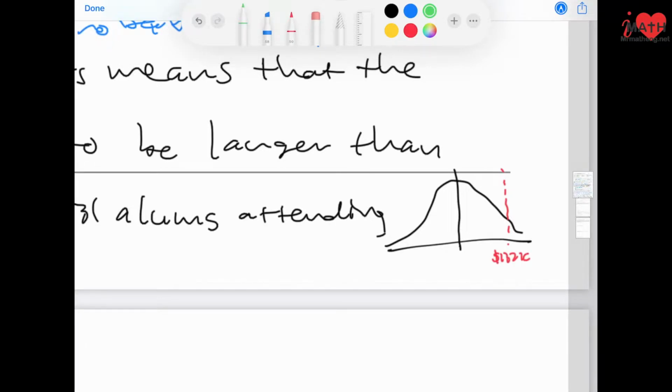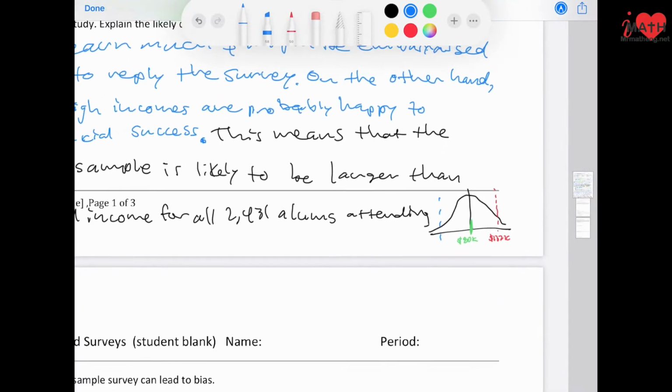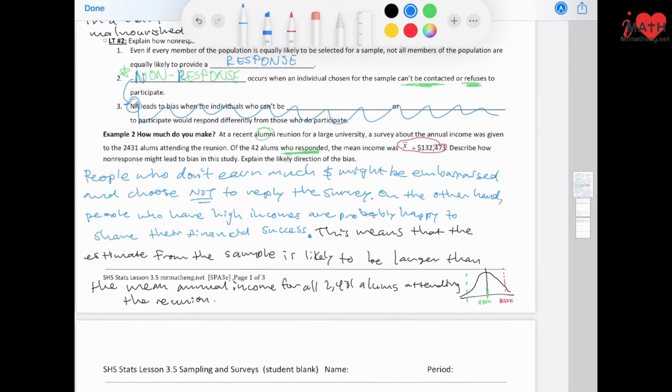I think the real mean is somewhere down here, maybe 80,000. Because the people who are responding, in red, are kind of bragging, oh yeah, I make a lot of money now. And the people who don't make a lot of money, towards the blue line, of course, they're not going to share anything because they feel kind of embarrassed. So the number that they're reporting is high. It's actually higher than what we think the green one will be, okay?